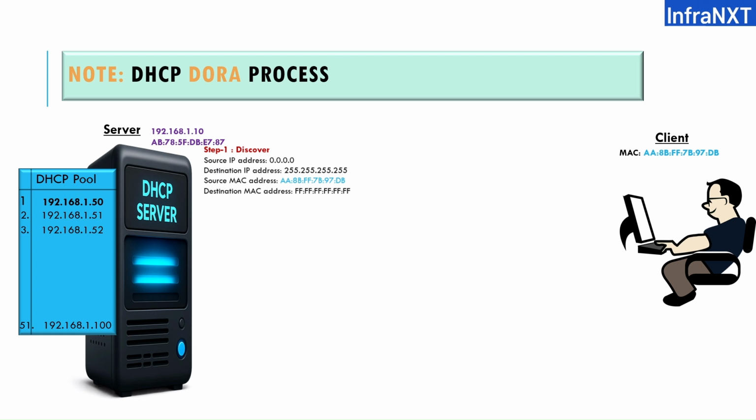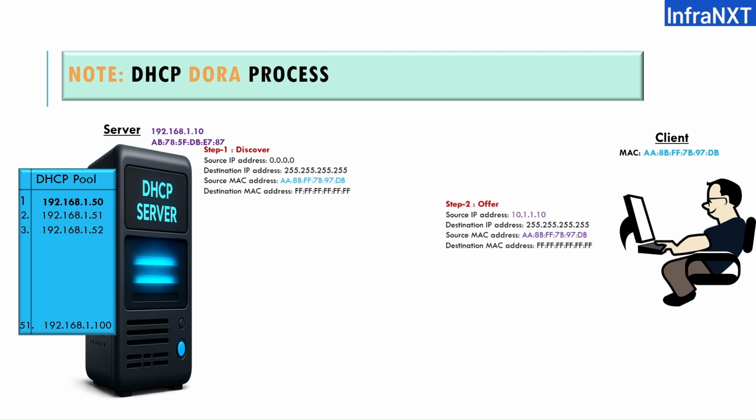This DHCP message is received by all the clients in the network along with the DHCP server, but only the DHCP server recognizes port number 67 and responds with a DHCP offer.